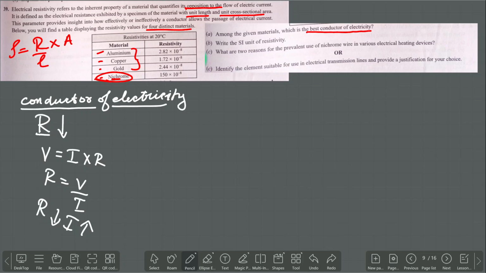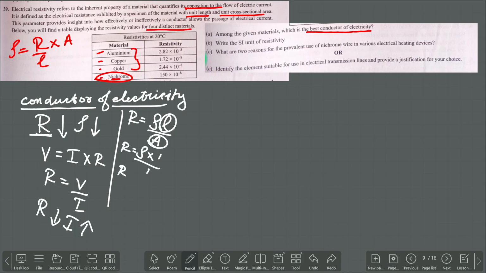Likewise, the material having less resistivity is going to have less resistance. We will just prove that one. R is equal to rho L by A. If length and area value is 1, then R is equal to rho into 1 by 1, so R will be equal to rho. That means we got this condition over here.